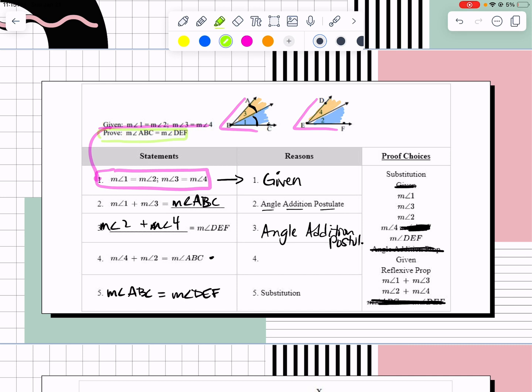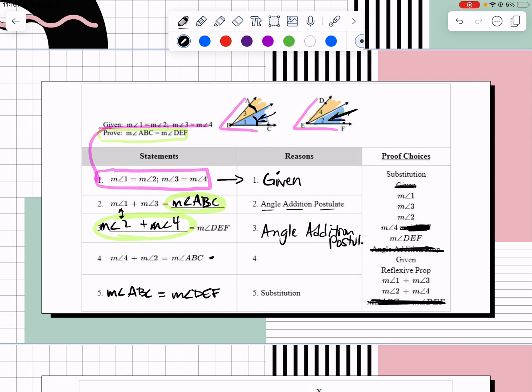I took this part right here and equated it to this part right here. The only way we're able to do that is based on what we were given before. If I know that this angle right here is the same thing as this angle right here, I could just interchange these.